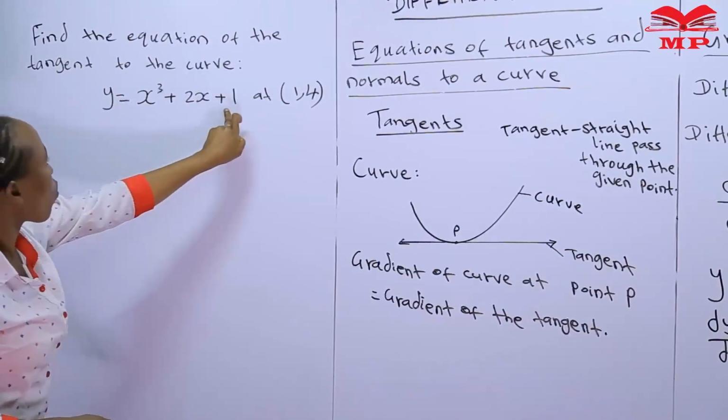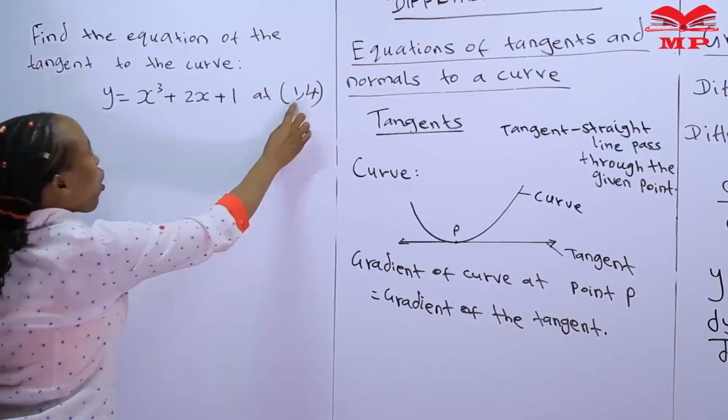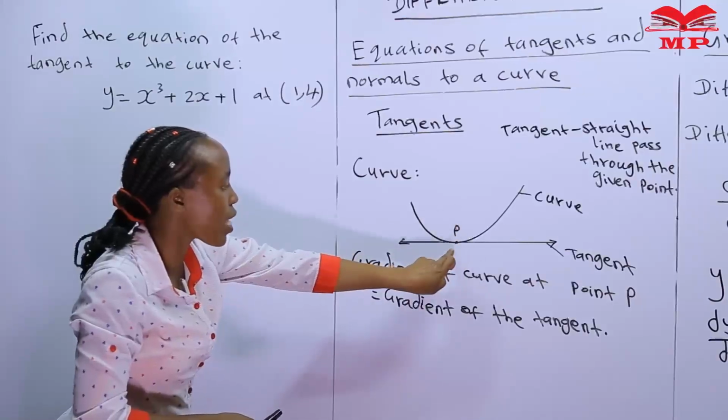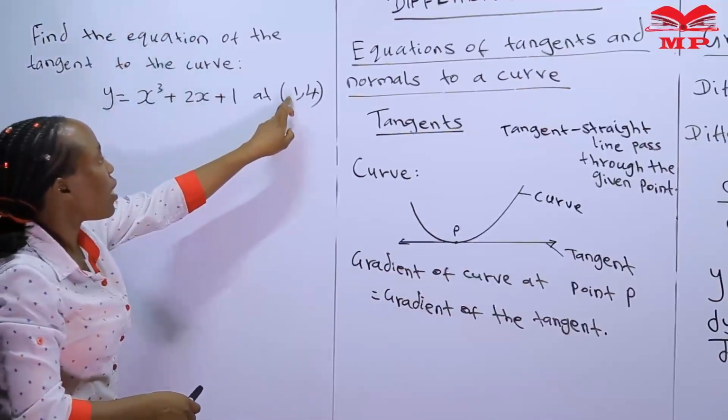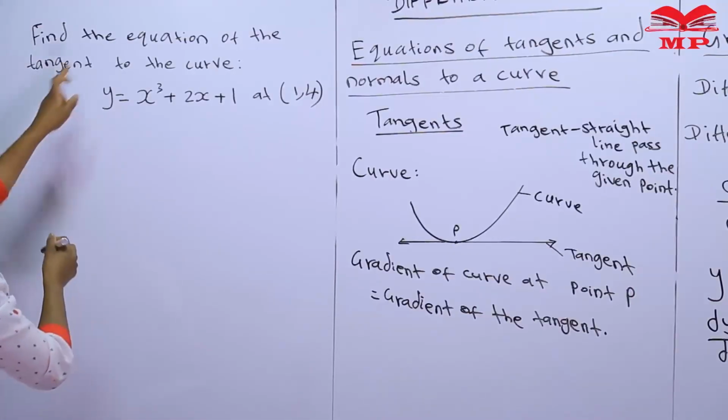This is the equation of the curve, and at point (1, 4), this is the coordinate of that point. Just like we can have a point here which is point P, so our point P is (1, 4). So we have to find now the equation.